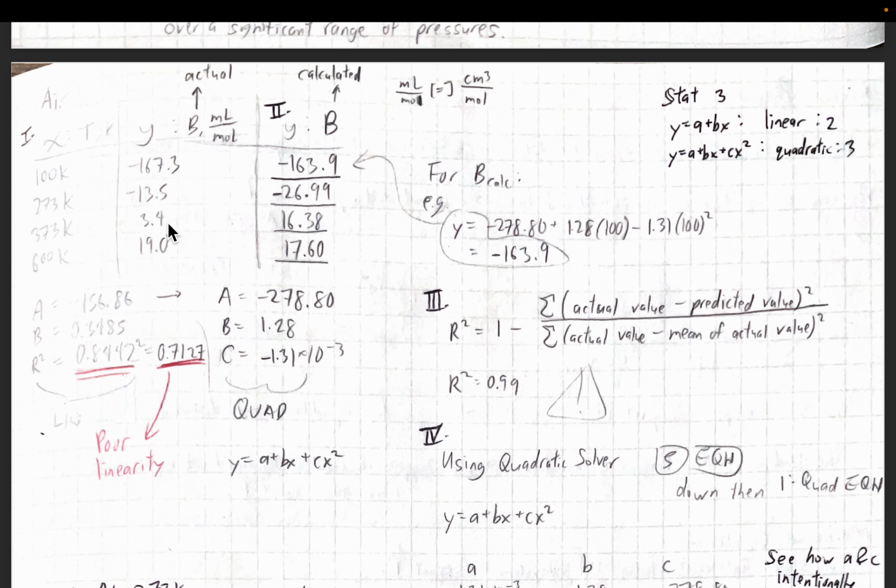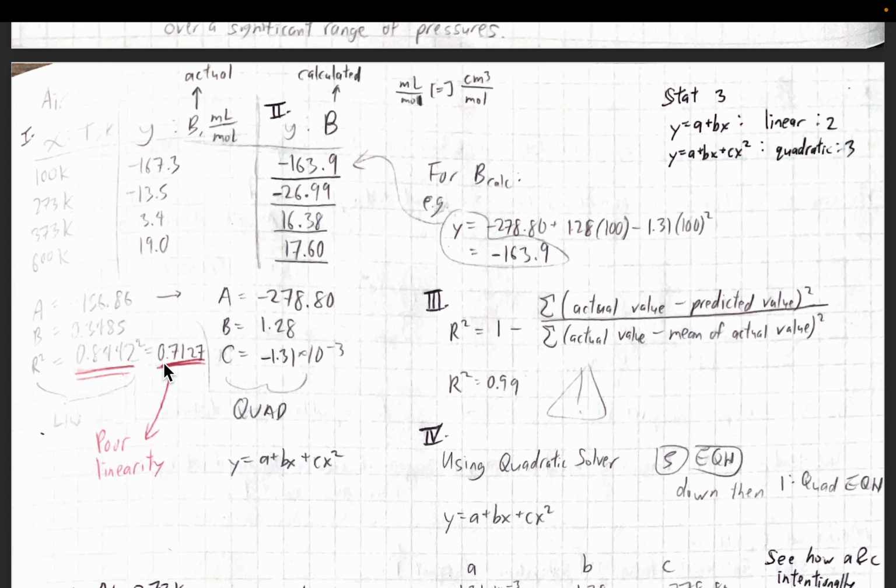You just have to know how to use them in forming a regression. So for temperature, we have 100 to 600 Kelvin, and then their corresponding second virial coefficients. After placing these in the calculator, you would find that the r squared is very far from 1. So 0.7 shows poor linearity.